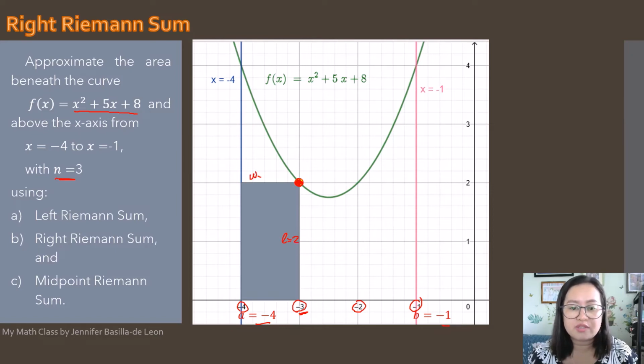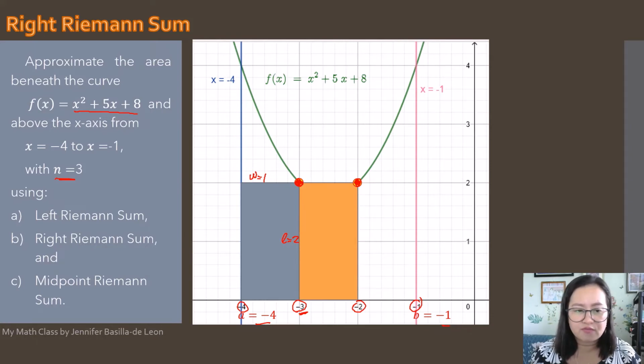Its width, remember, is equal to 1. Now for the second rectangle, it lies on the second subinterval, and we consider the right vertex. We evaluate the function at x equals -2. Evaluating the function, we get the length equal to 2. The width of this rectangle is equal to 1.